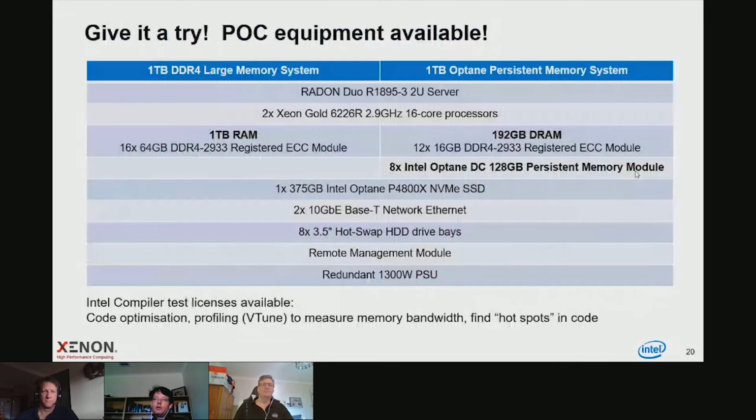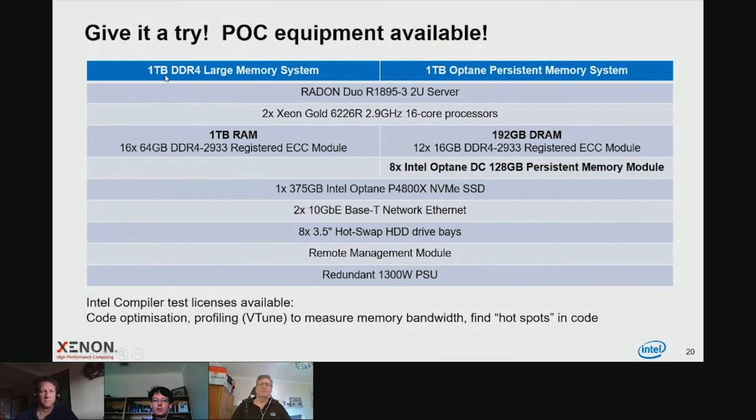So I hope that gave you some idea of what's possible when we use this new technology in new servers for HPC workloads and various other workloads which we've mentioned in this webinar today. And now I would like to invite you to give this technology a try and run your models and your workloads on the POC equipment which we have available. For proofs of concepts, for your experiments, for your tests, we'll have two systems available.